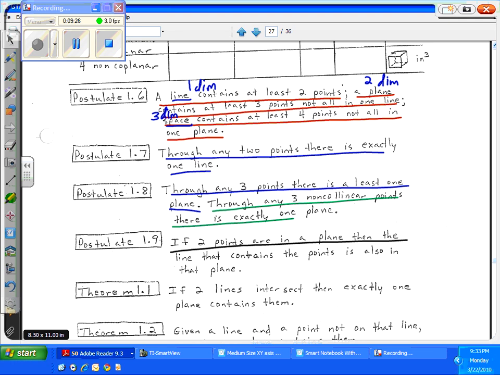If 2 points are in a plane, then the line that contains those points is also in that plane. If we have a flat surface, a plane, with 2 points in it, then the line that contains those 2 points will also be in it.